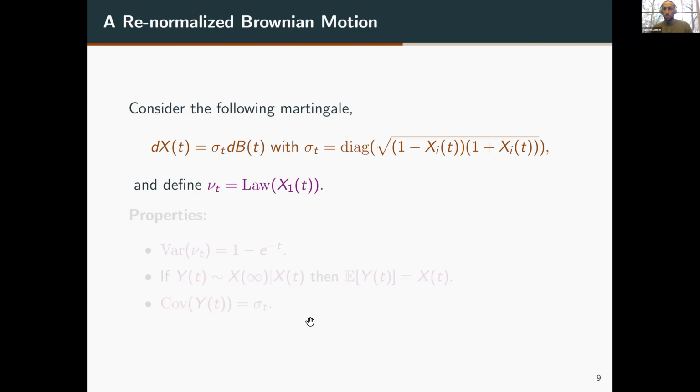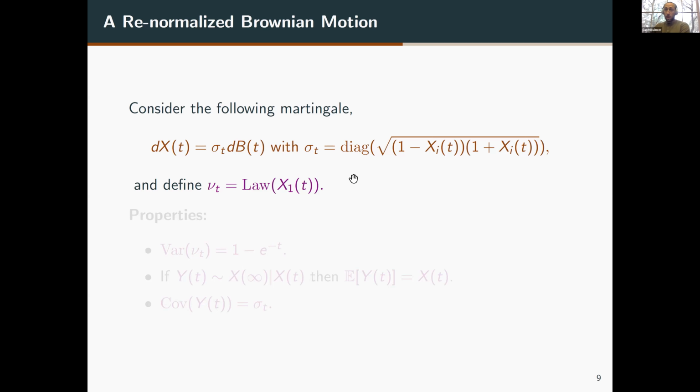So here is the process we used. We call it a renormalized Brownian motion. Hopefully it will be understandable why. So it is an Ito process driven by a Brownian motion. It's a martingale. And for a balanced function, it will always start from the origin. And it evolves in the following form. We multiply the Brownian motion by some matrix, sigma t.